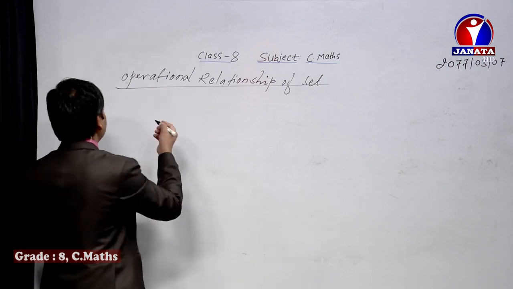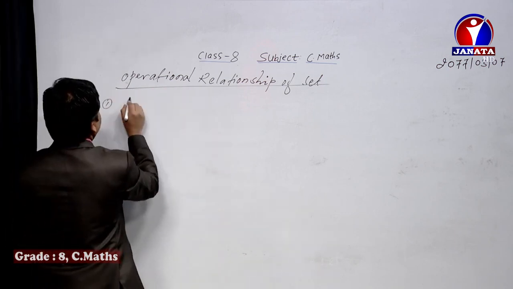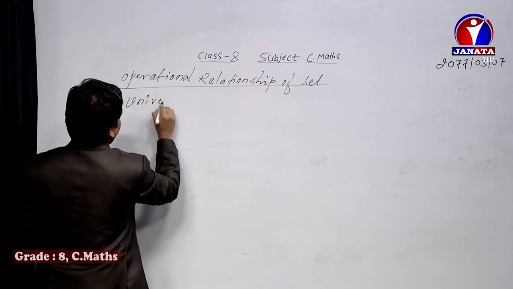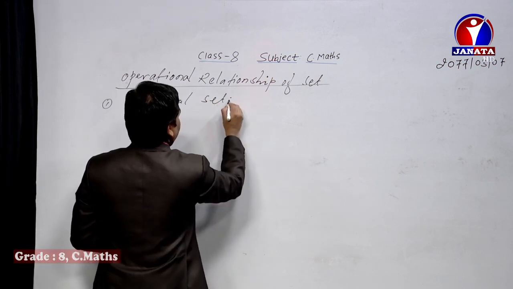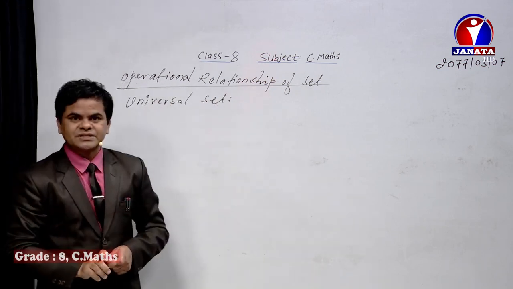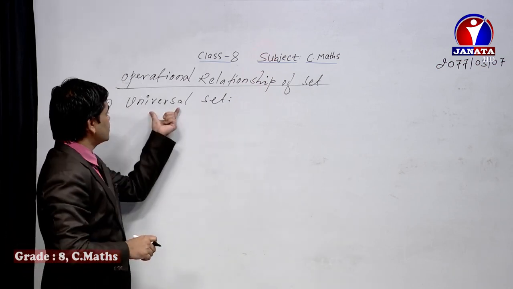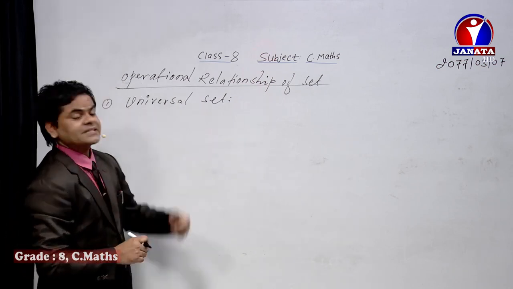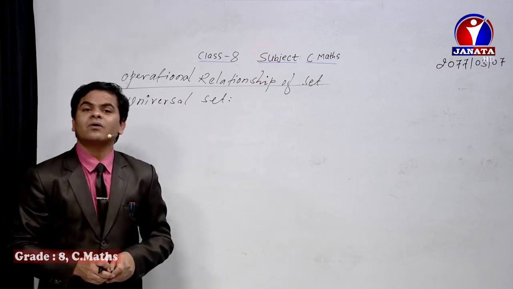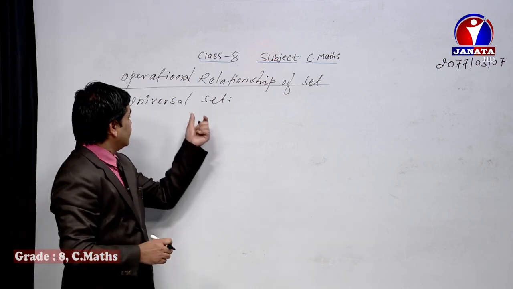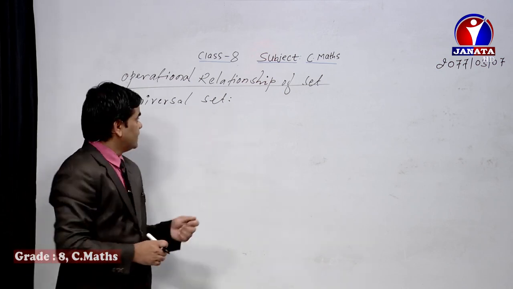So, first of all, while studying the set, you need to understand the universal set. Most of you, while in class 6 and 7, have already understood what a universal set is. Universal set means the biggest set among all, and it is also known as the superset, dear students.